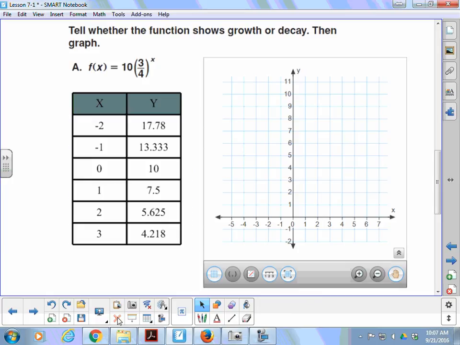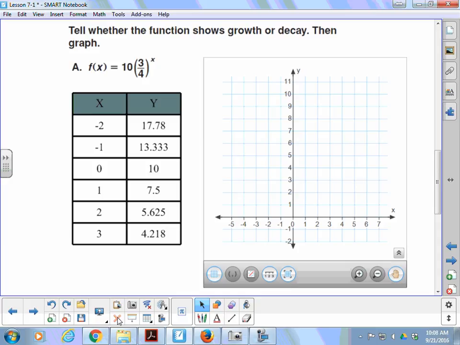When you're graphing these on paper, which you're going to have to do a few of them, you might want a sheet of graph paper to make them more accurate. But we can see that as x is getting bigger, the change for the y value is getting smaller. The difference between each one is getting smaller each time.